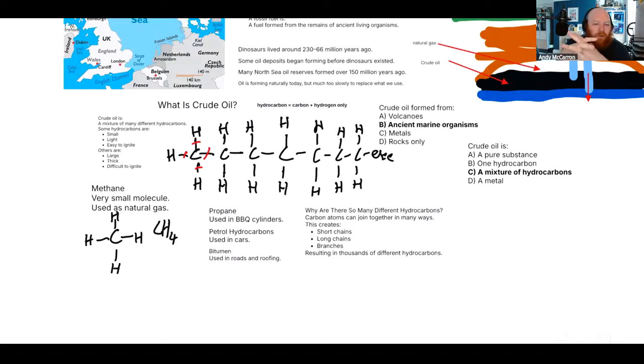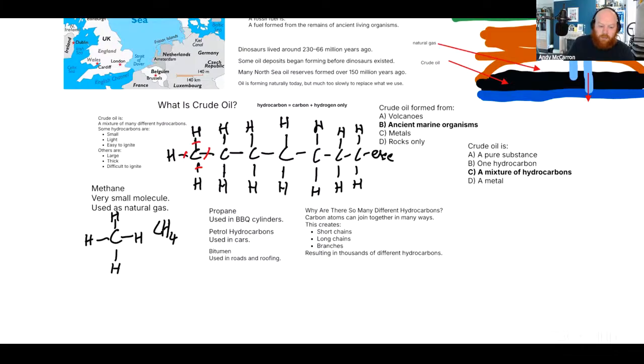How can I separate that so that I've got methane on its own, petrol, propane?